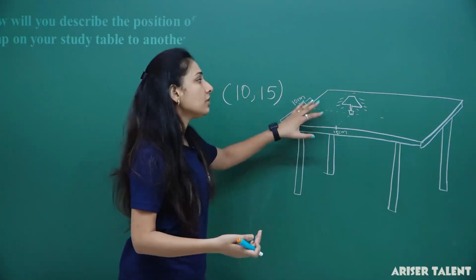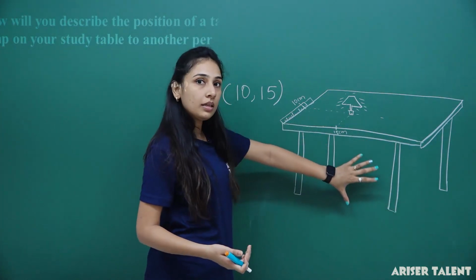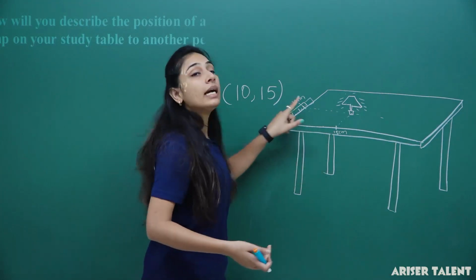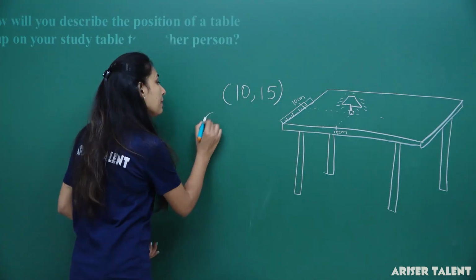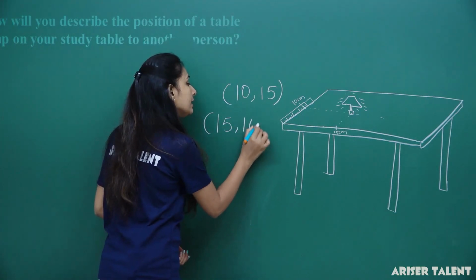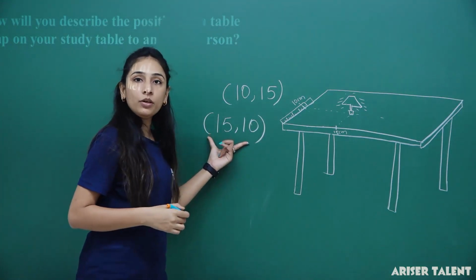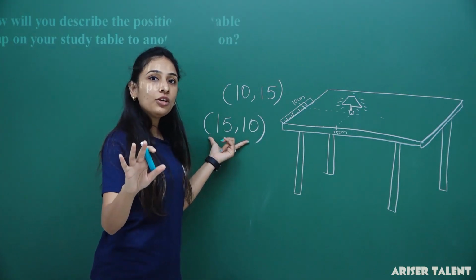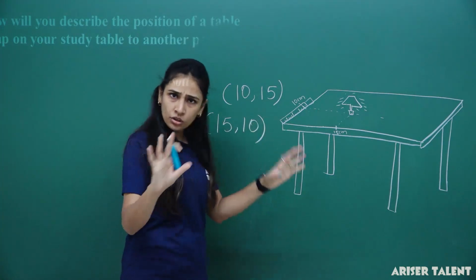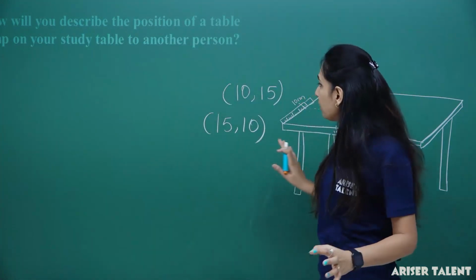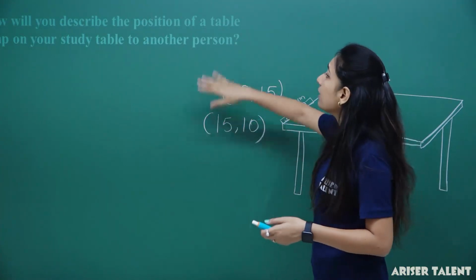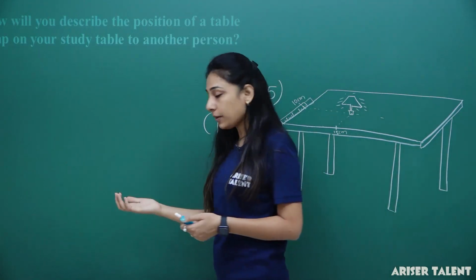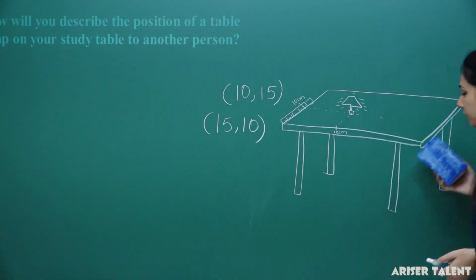If you measured 15 first and then 10, then you tell me 15 centimeters and then 10 centimeters. That will be the position of the lamp. We are talking in general, where we don't know the x-axis and y-axis, but we just have to tell another person the position of the lamp on this study table. Okay, note it.